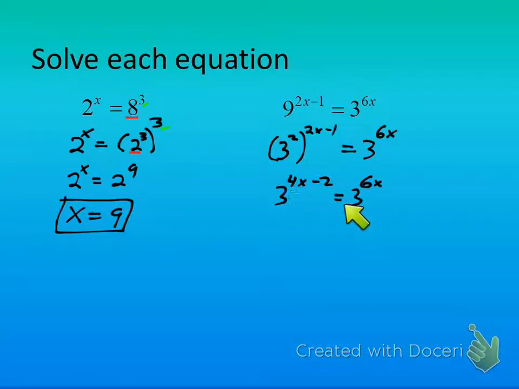Okay, then now that you have the same bases, you can set your exponents themselves equal to one another. So 4x minus 2 equals 6x. And then just solve it like any other equation you usually would. So I'm going to subtract 4x from both sides. So negative 2 equals 2x. Divide by 2. X equals negative 1.